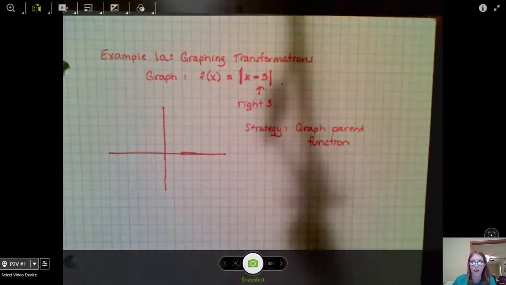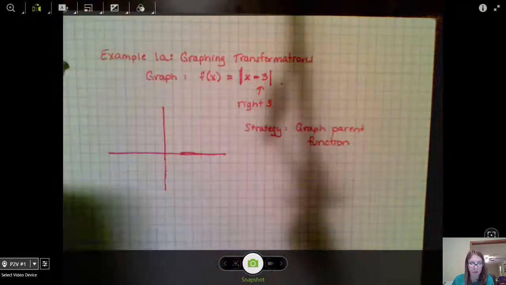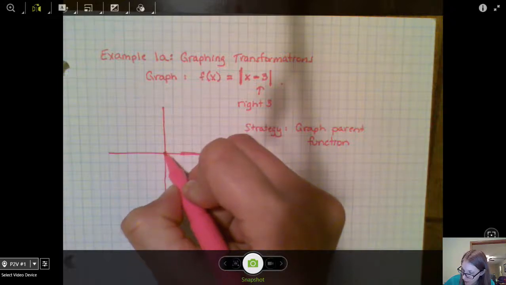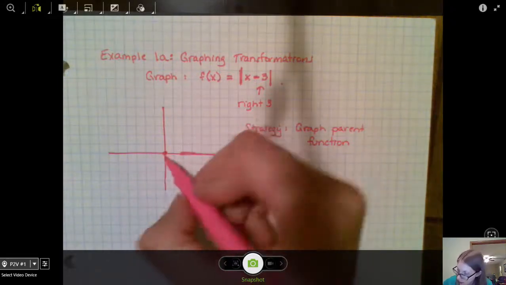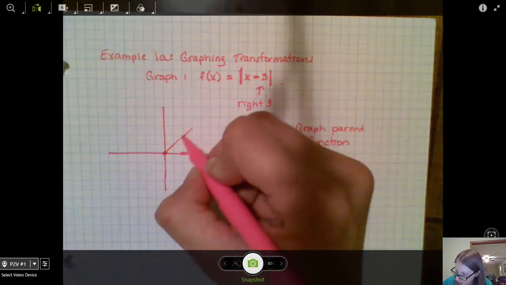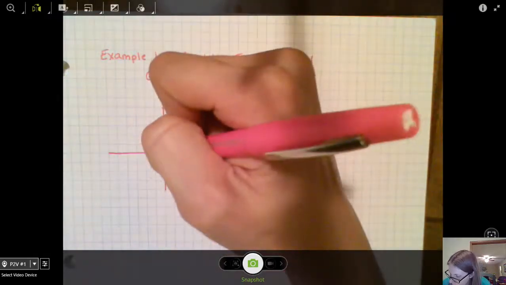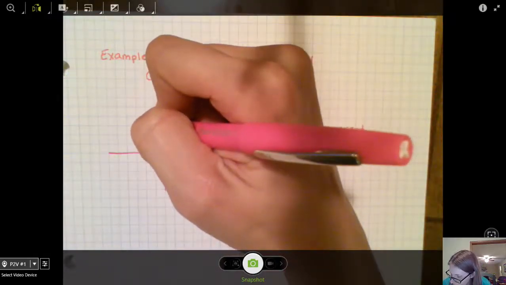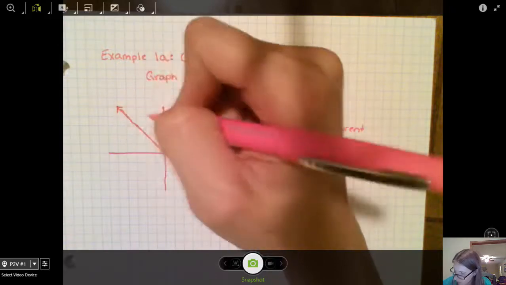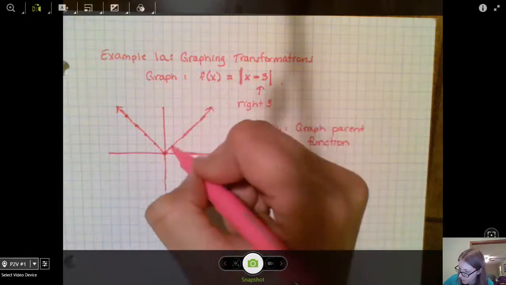You can look back at what we just wrote down here for our parent function for the table of values. Or if you remember, the absolute value is a V with the bottom at the origin, and each side has a slope of 1 or negative 1 over here, hitting all these points along the way.